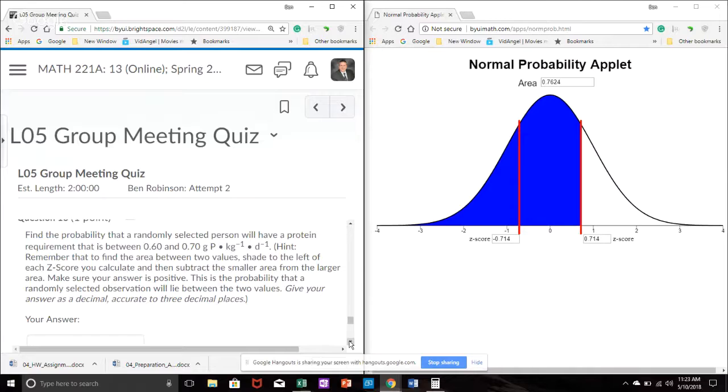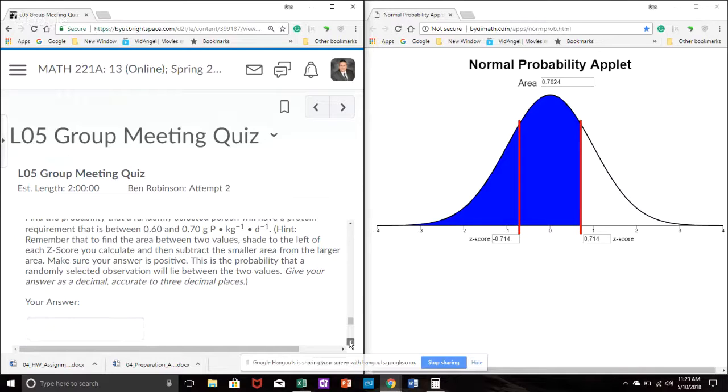Find the probability that a randomly selected person will have a protein requirement that is between 0.60 and 0.70 grams protein. Hint: remember that to find the area between two values, shade to the left of each z-score you calculate and then subtract the smaller area from the larger area.